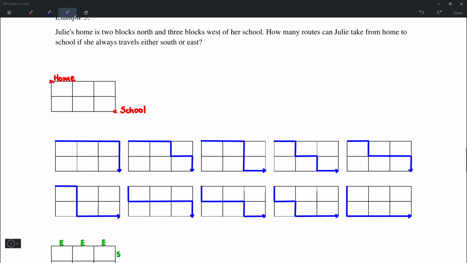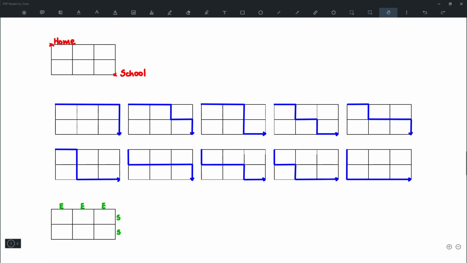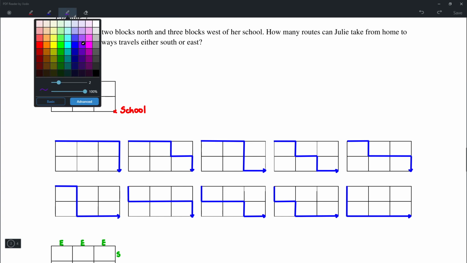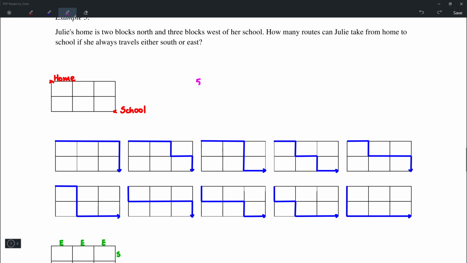And the important thing to note is that no matter which pathway Julie chooses, she will always have to travel east 3 blocks and south 2 blocks. So in total, she's always traveling 5 blocks. So that will be 5 factorial for the 5 blocks. And we'll divide by 3 factorial for the 3 blocks east, and 2 factorial for the 2 blocks south.